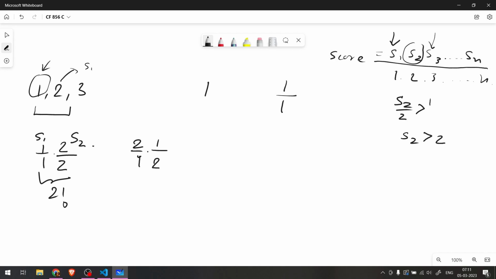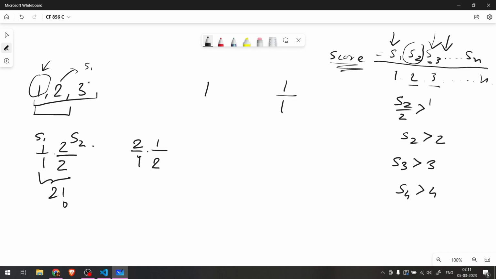Similarly, we would only want to add the third element when S3 is greater than 3. And similarly, we would only want to add the fourth element when S4 is greater than 4. Only then do they increase the score. Otherwise, because of these divisions, as we increase the length, the score might decrease if the numerator value is not sufficient.